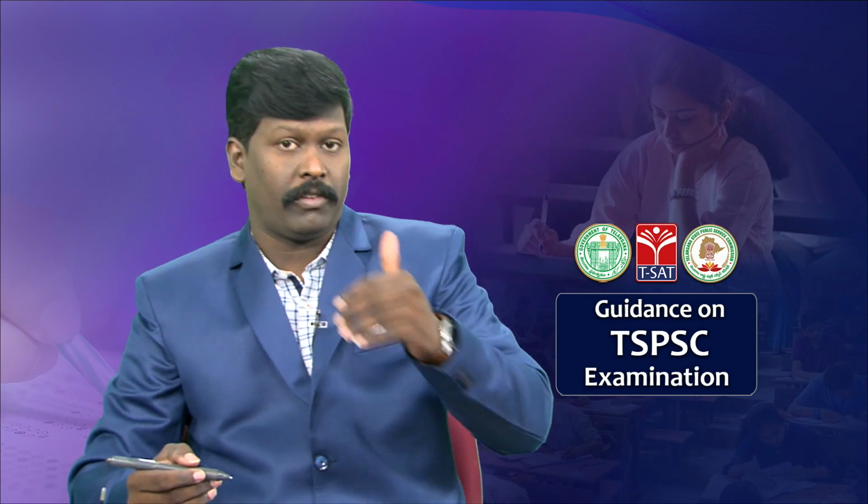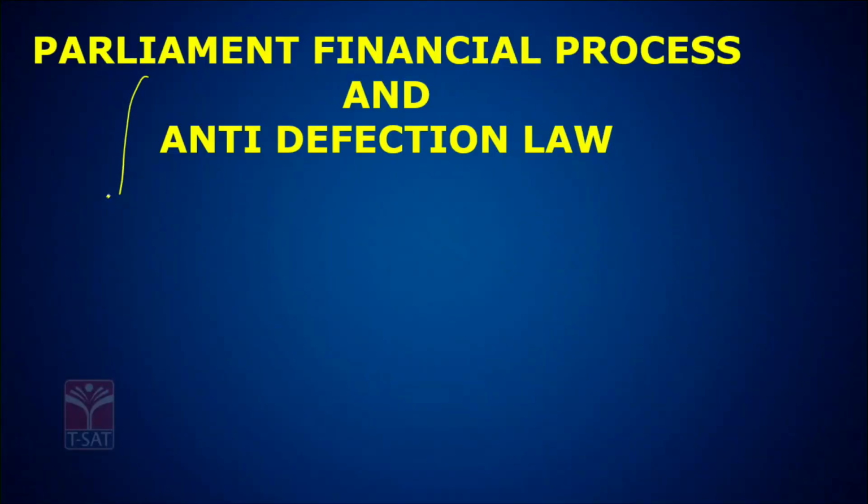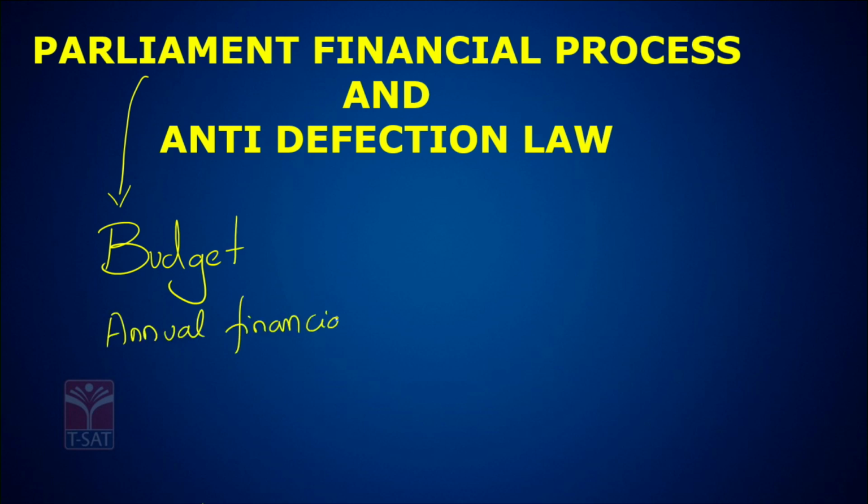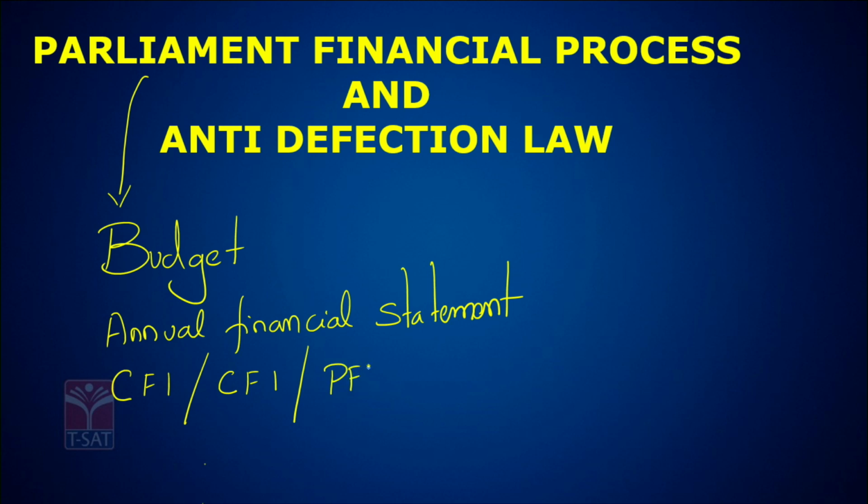Now, coming to parliament financial process. The parliament financial process mostly consists of topics like budget, annual financial statement, consolidated fund of India, contingent fund of India, public fund of India, as well as cut motions.